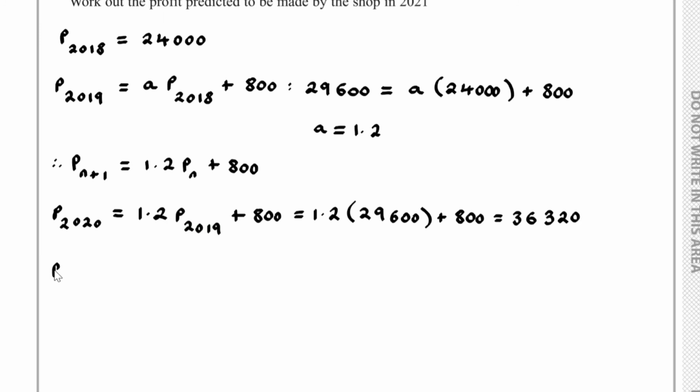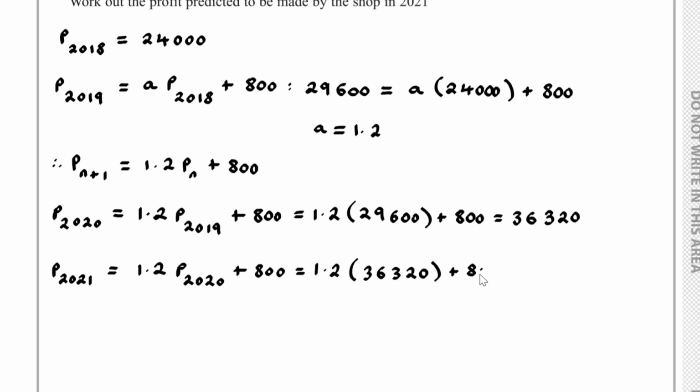And the profit in 2021 then, I've got 1.2 times the profit in 2020 plus 800. So I've got 1.2 times by the profit in 2020, 36,320 plus 800.